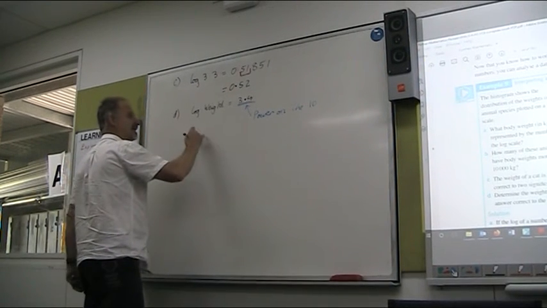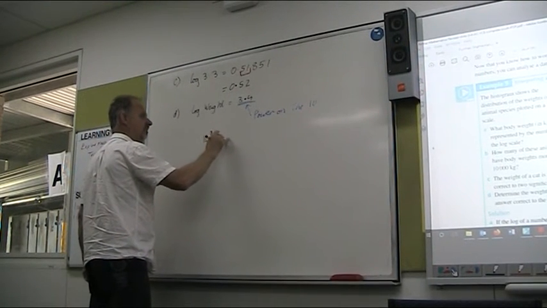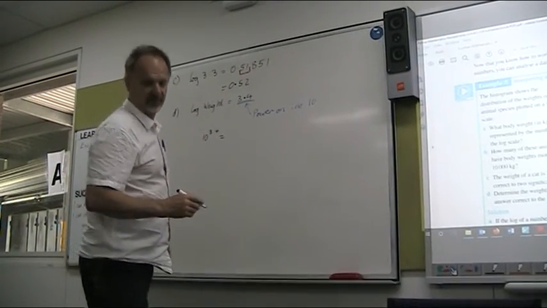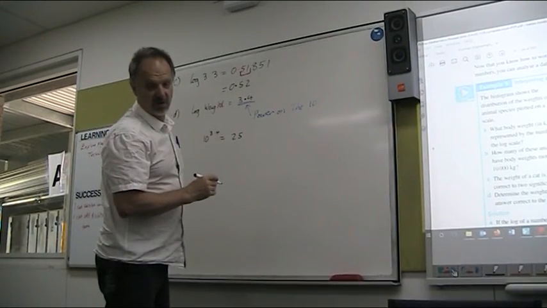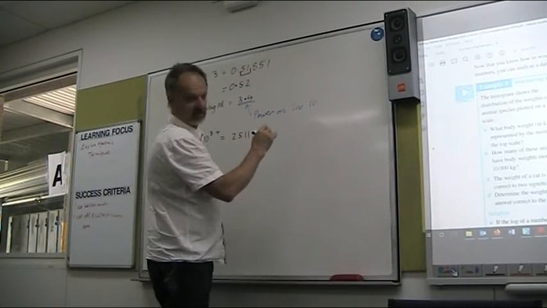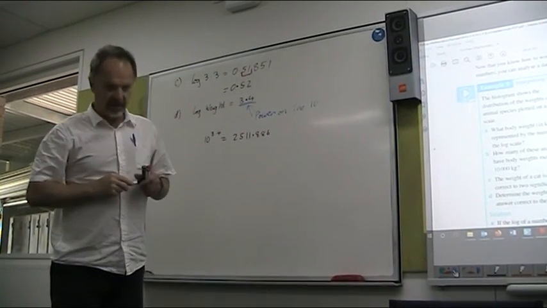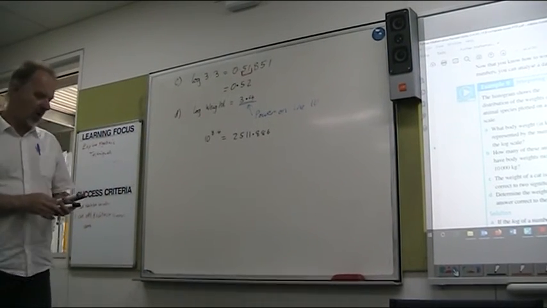So 10 to the power of 3.4, and you use your calculator for that. When you do that, you get 2511.886. The question says, write your answer to the nearest whole number.